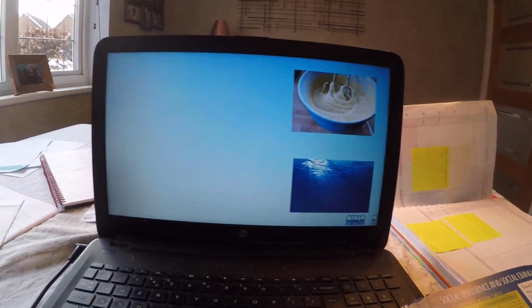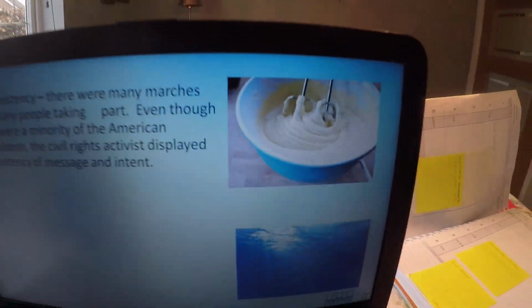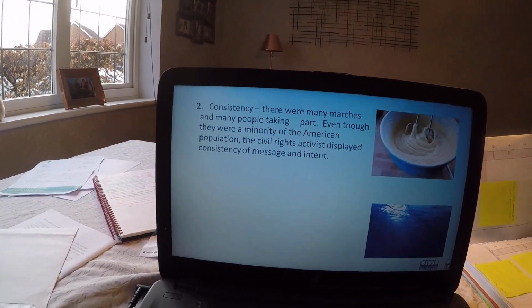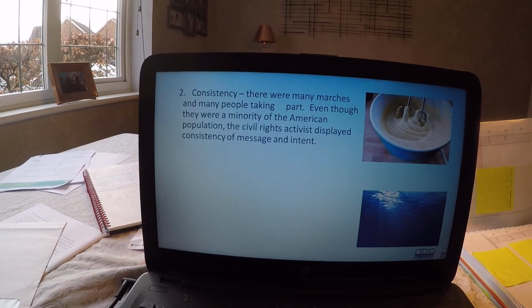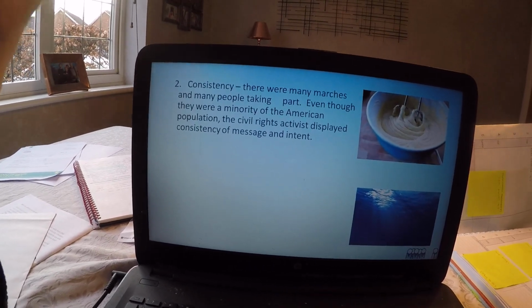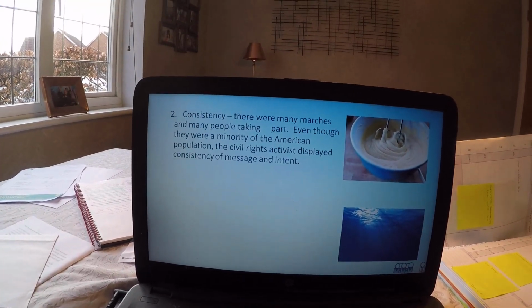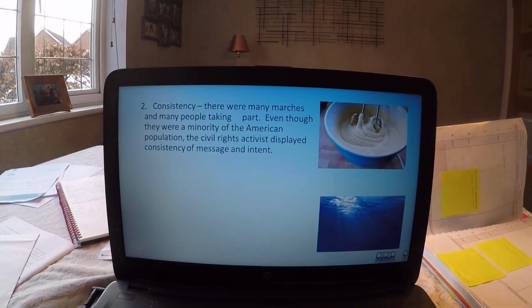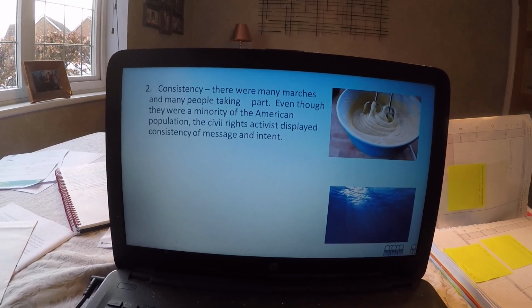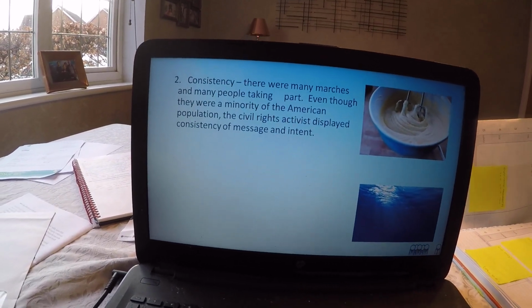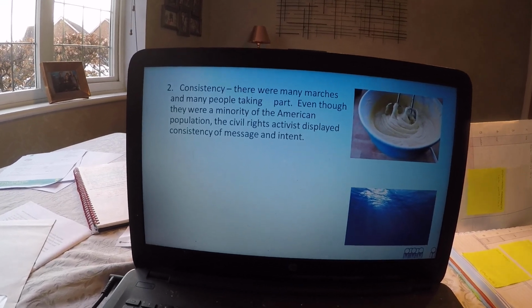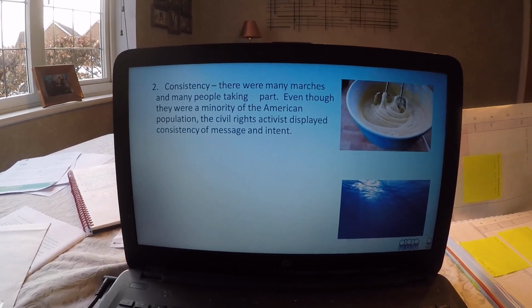Next one. You'll get these in a moment. Consistency. So there were many marches and many people taking part. So we're keeping consistent with how often we're trying to draw the message, and there's so many people doing it as well. So even though there were a minority of the American population, the civil rights activists displayed consistency of message and intent.